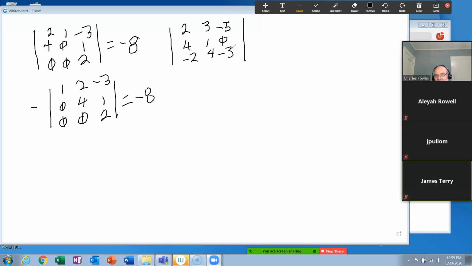I would just expand it and do reduction the way you would do 3 by 3s. But they note that if you divide the first column by 2, it's sort of like you're factoring out a 2.